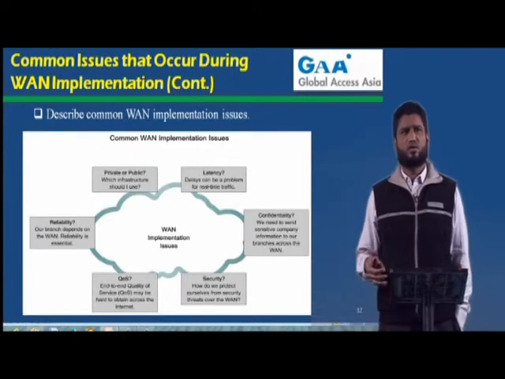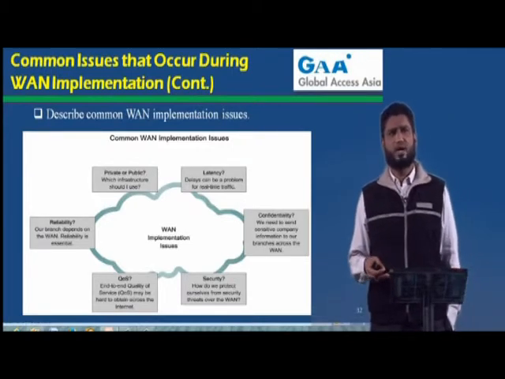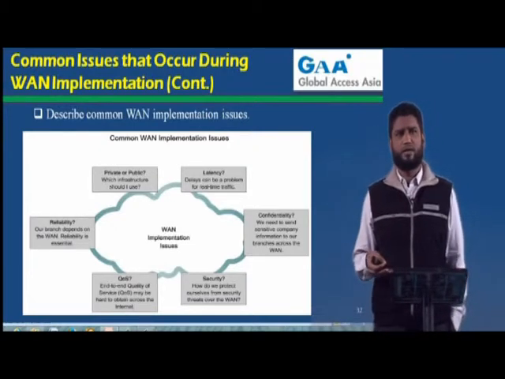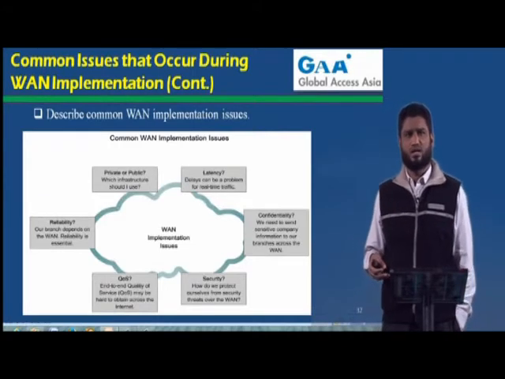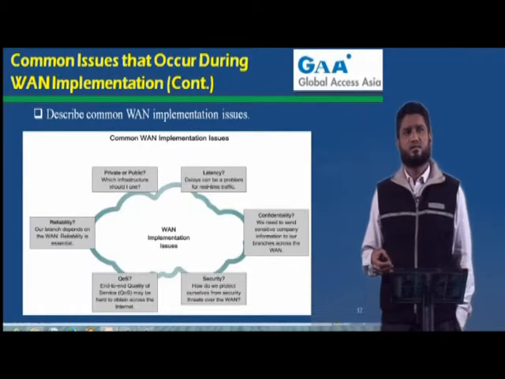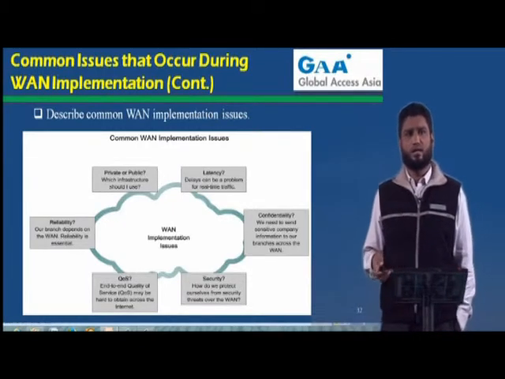So, common issues that occur during WAN implementations: private or public, latency, that means delays, can be a problem here, as well as reliability, quality of service, security, and confidentiality. That means we need to send sensitive company information to our branches across the wide data network.